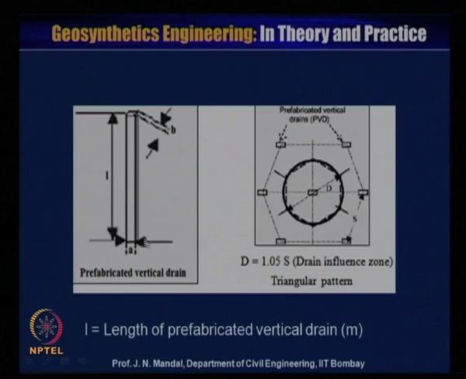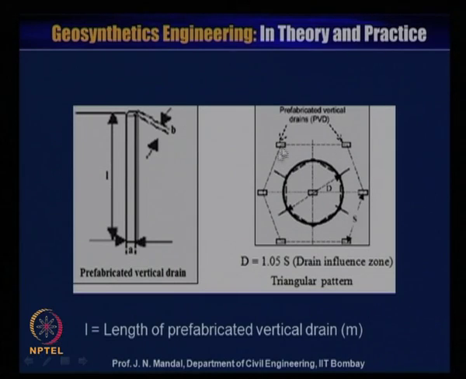So, here it is shown that this is the prefabricated drain whose length is L, and this is a, that is width, and this is b, thickness. And here this prefabricated vertical drain is placed in a triangular form. You can see this is a triangular form, like this triangular form, and this is a hexagon, and we assume this as an equivalent diameter.